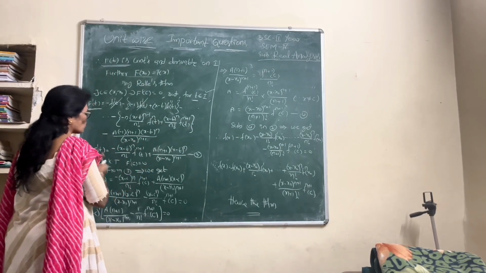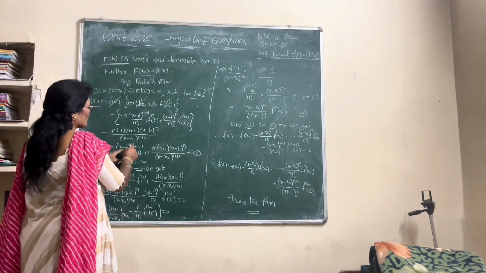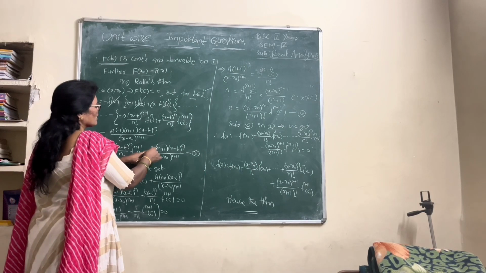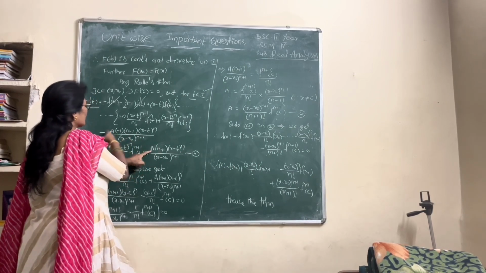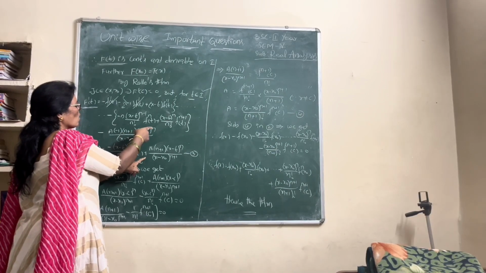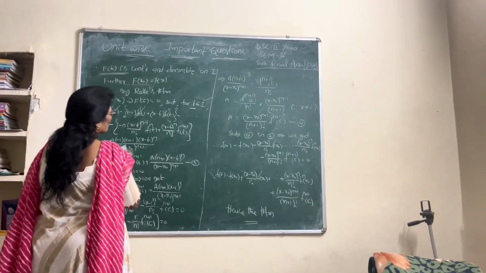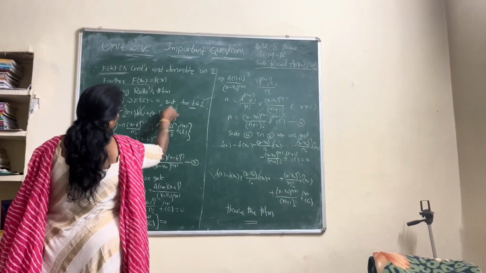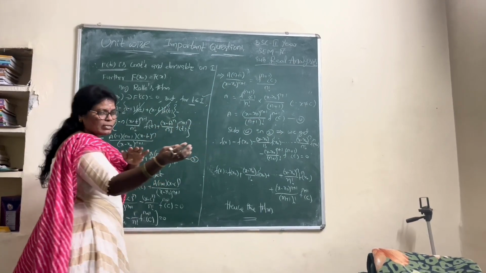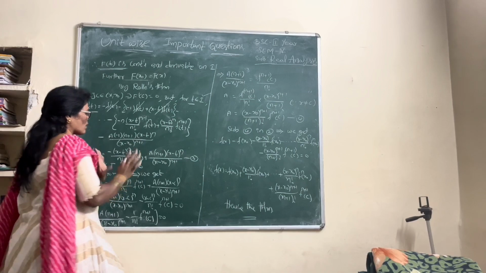Remaining, these two terms will be there: minus (x minus t) whole power n by n factorial f power n plus 1 of t plus a into (n plus 1) into (x minus t) whole power n by (x minus x naught) whole power n plus 1. The terms with (x minus t) into f double dash of t and the other terms all get cancelled; the remaining terms are these two.